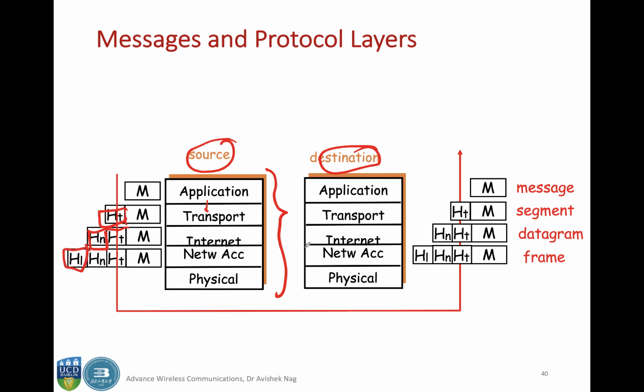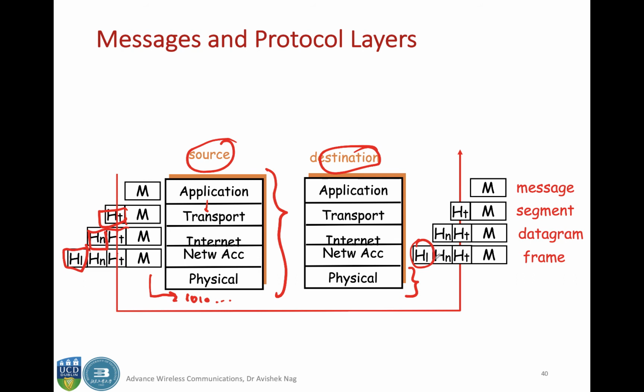And then finally the physical layer transports all these physical bits, ones and zeros, etc., and then they are received by the physical layer of the destination, and then all these headers are read and stripped off on the receiver side.